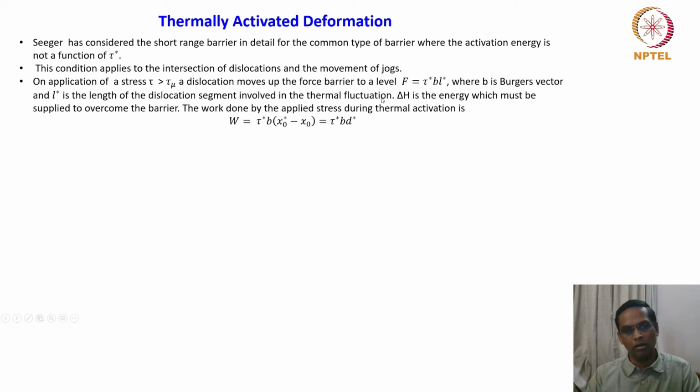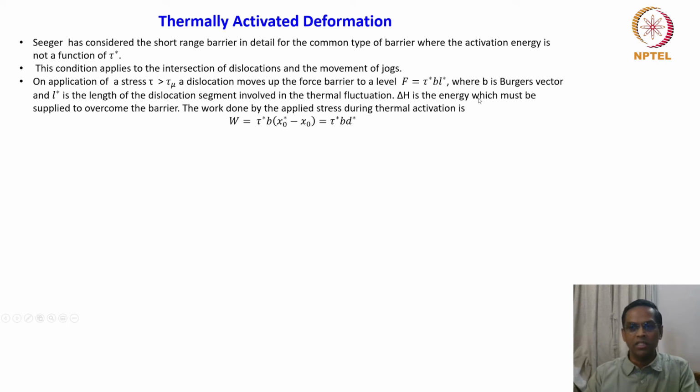So we are now concentrating on the dislocation segment involved in the short range obstacle, the shaded region in the small peak, which is overlapped with the long range stress lambda.